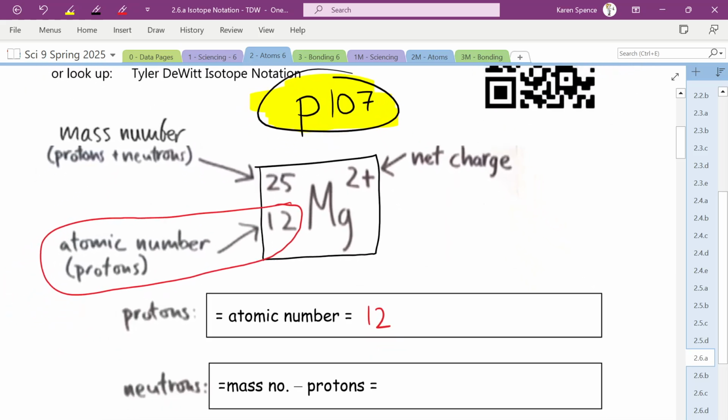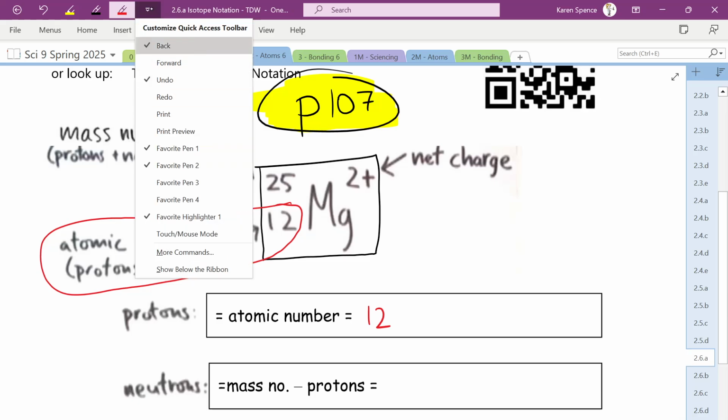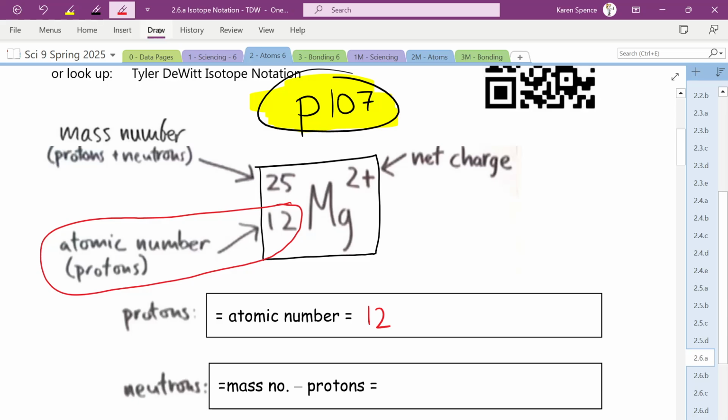The number of neutrons, now this number up at the top is the mass number, and that is equal to the protons plus the neutrons. So if I want to find the number of neutrons, I take the mass number and subtract the protons.